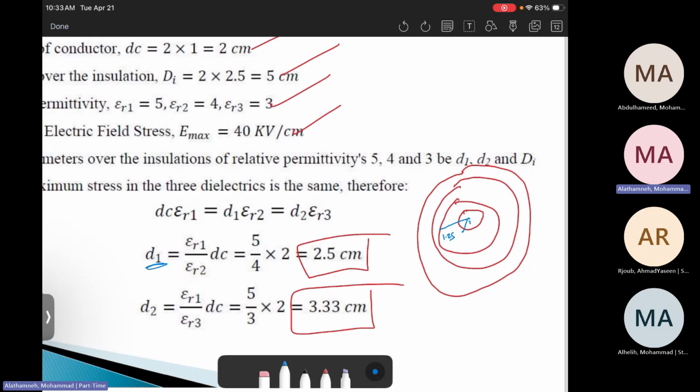Then the third one, which is 3.33 divided by 2, will be 1.665. Then the last one is the outer, which I believe will be 5 centimeters.